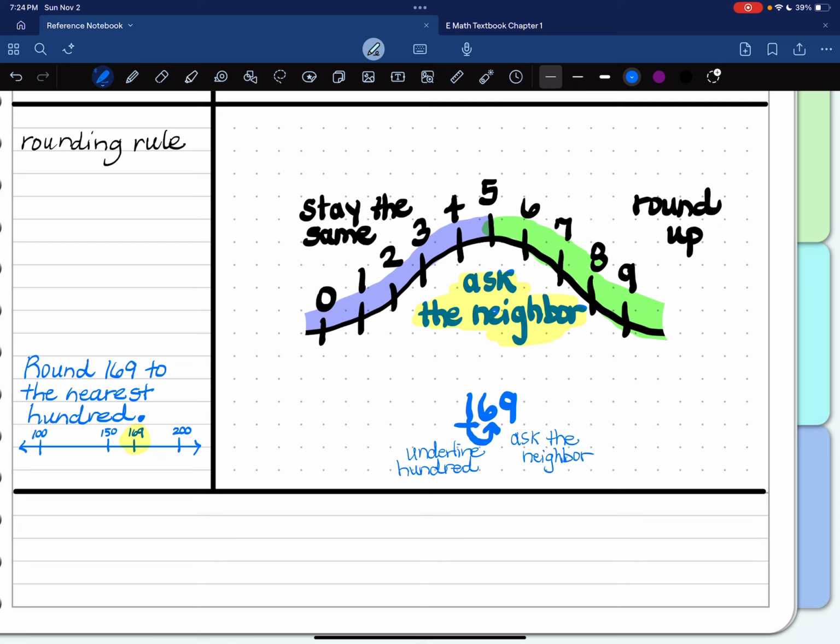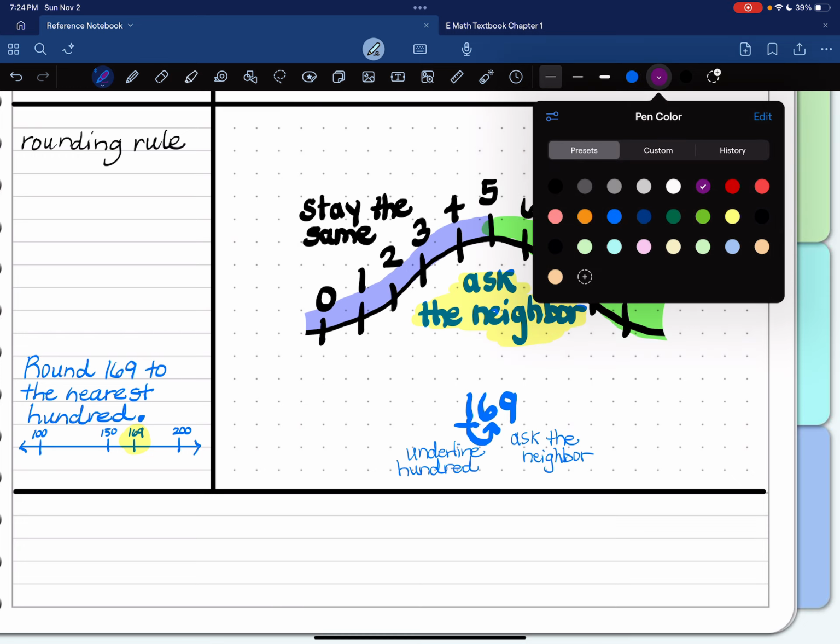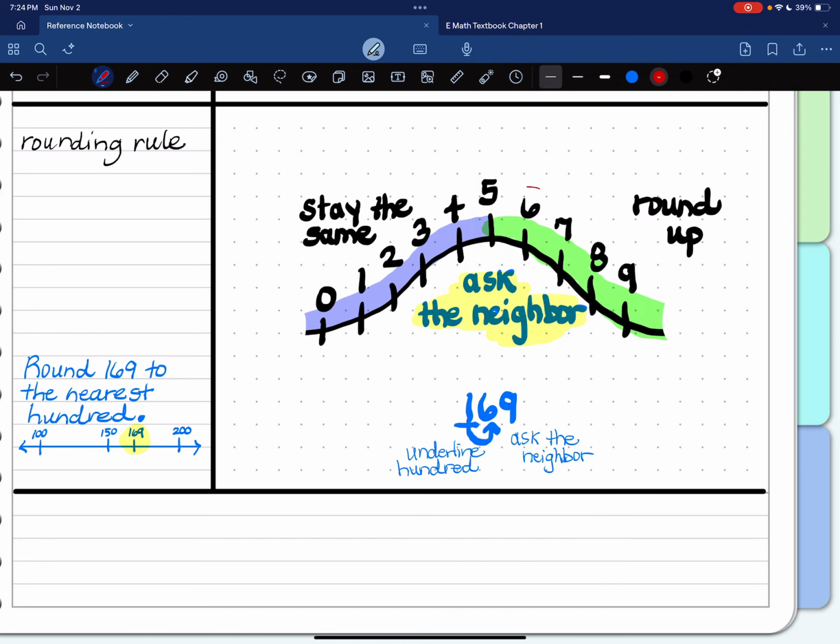So then you go up here to your number hill, the thing that we drew, and I'm going to circle the neighbor. There's the neighbor. Let me make it a little darker. There's my neighbor. And the neighbor's the one that tells you what to do. So the neighbor says to do what? The neighbor's telling me to round up.